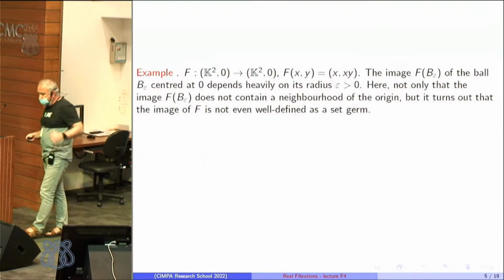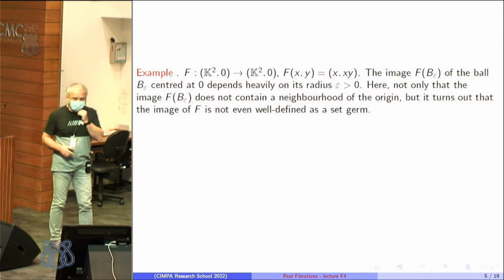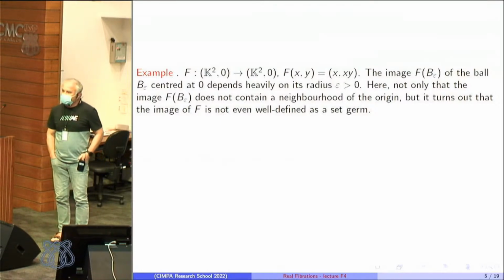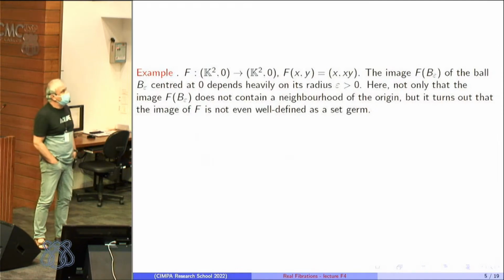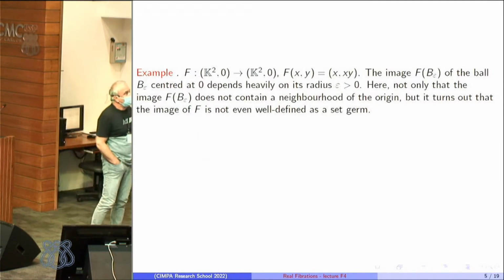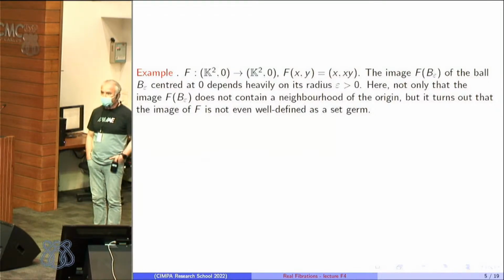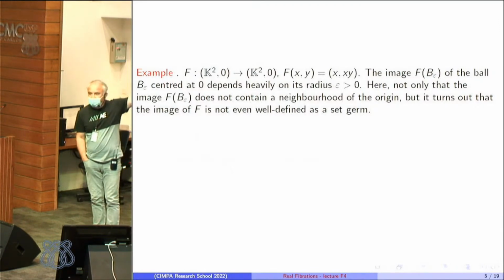And the first example where something strange happened earlier appeared in Bruna's Monday talk. This is the simple function from K^2 to K^2, f(x,y) = (x, xy). This function is nothing else than the blow-up, the standard blow-up, written in an affine chart. And you have the picture in your mind.